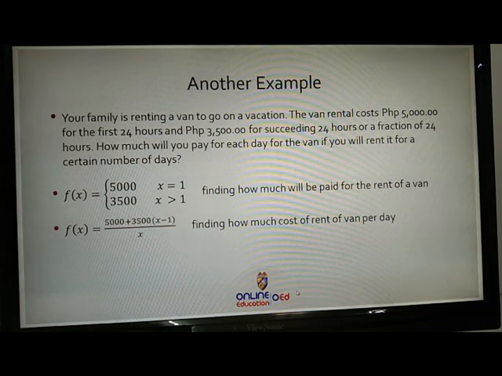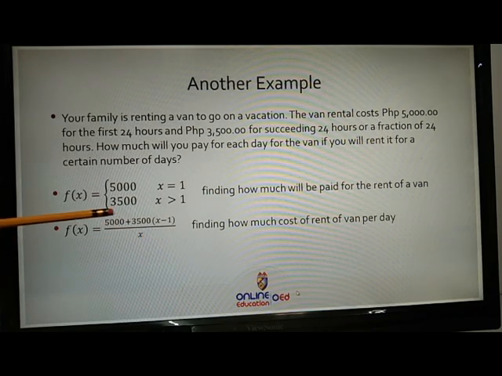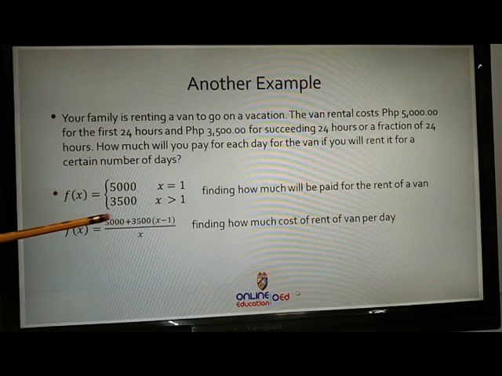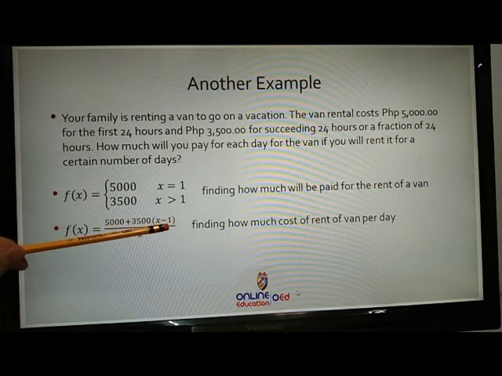So the function would be f of x is equal to 5,000 plus 3,500 times the quantity x minus 1 over x. Okay, ito yung price nung unang day or first 24 hours plus 3,500 for every x greater than 1.